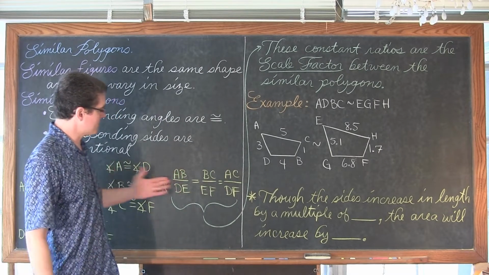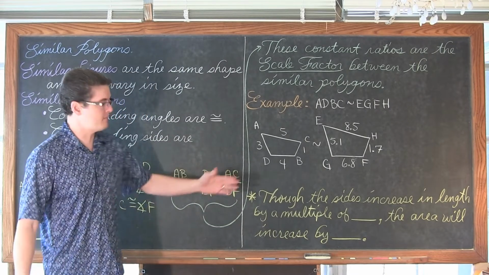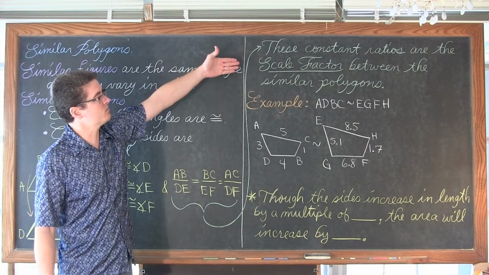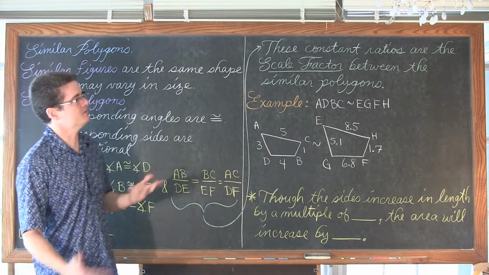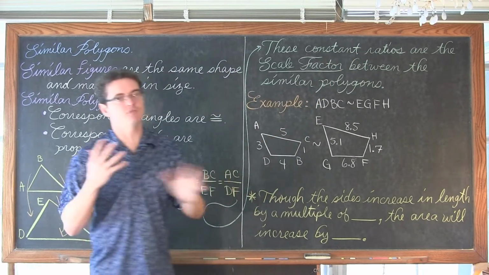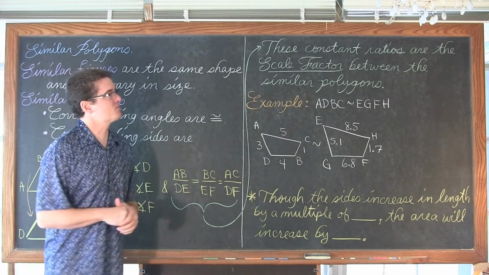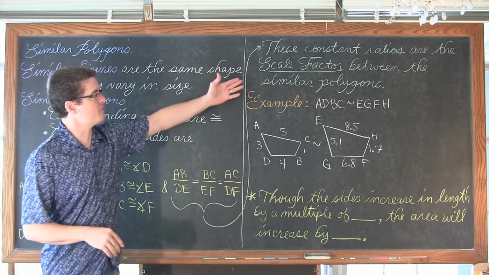Now, when you check that all these proportions are equal and you determine that they're all the same value, then what you have is a constant ratio, which is the scale factor. I mean, there's multiple ratios, but yet there's one scale factor. All those constant ratios are going to be, if equal, the scale factor between the similar polygons.